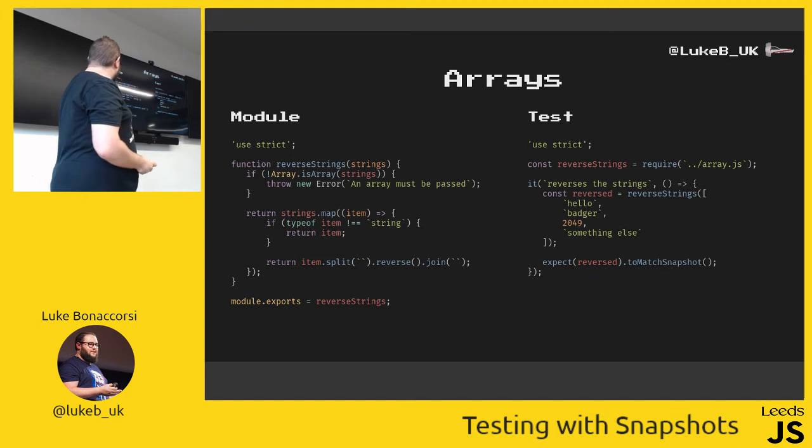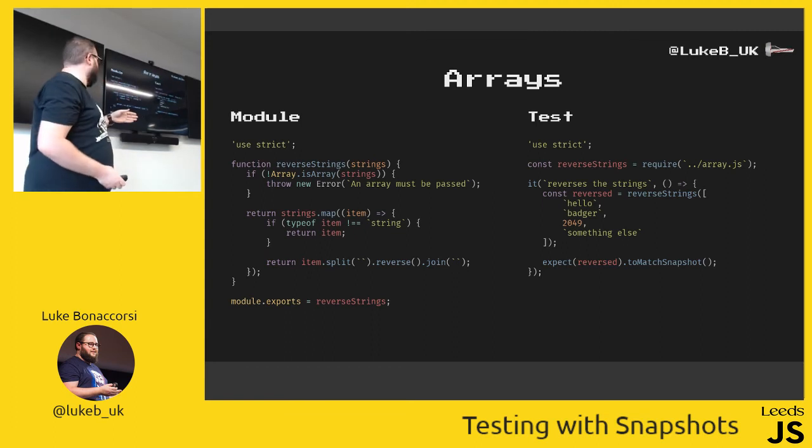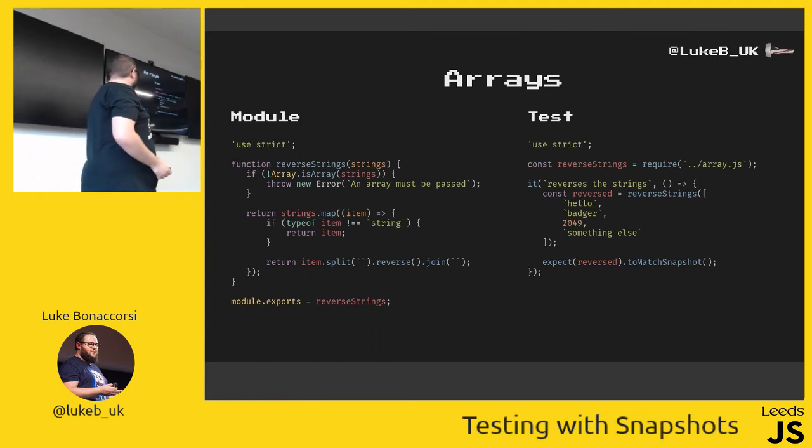So I have a function here that just reverses some strings, because I don't know why. But in my actual code for it, it only reverses it if it's a string. So, for example, in my test, I pass in an array of hello, badger, 2049 as a number, and something else.